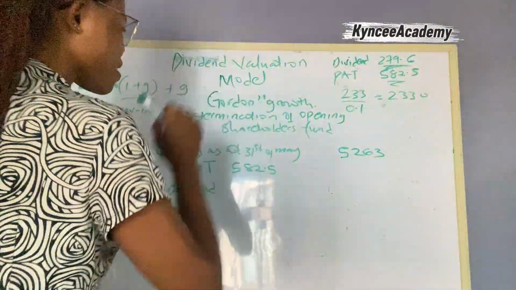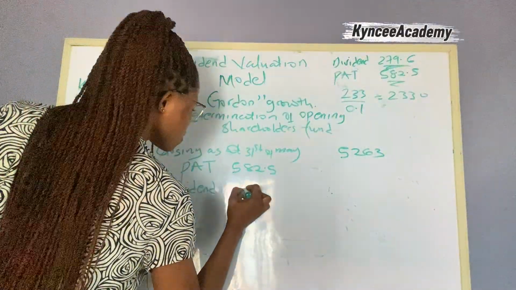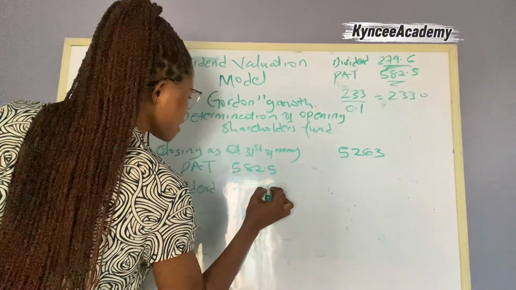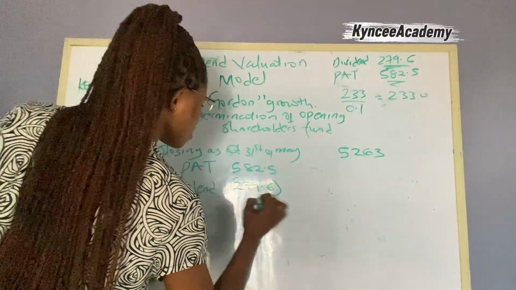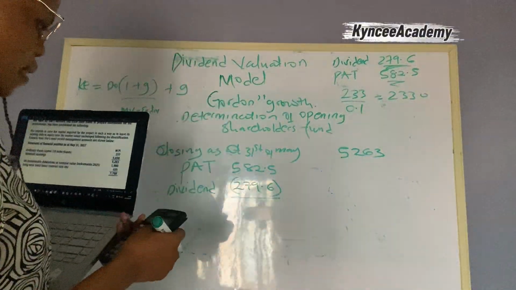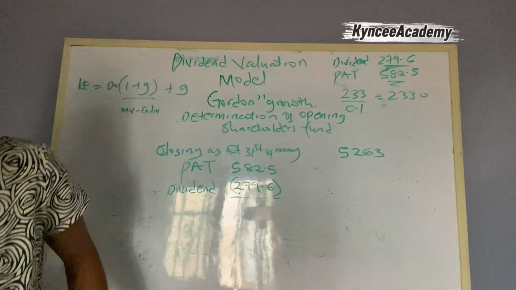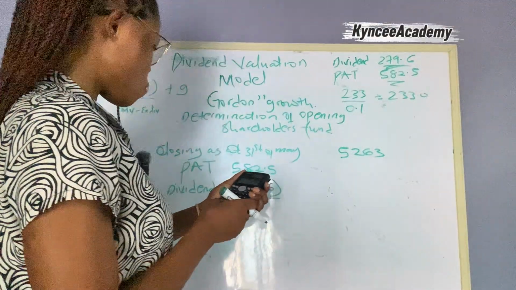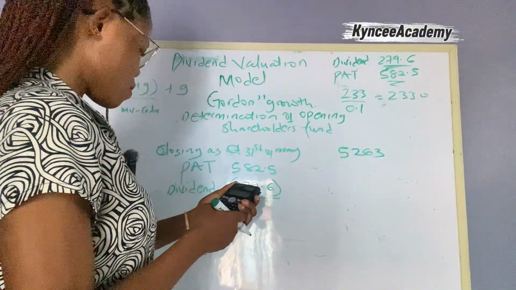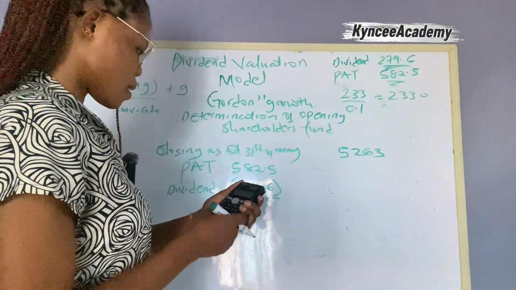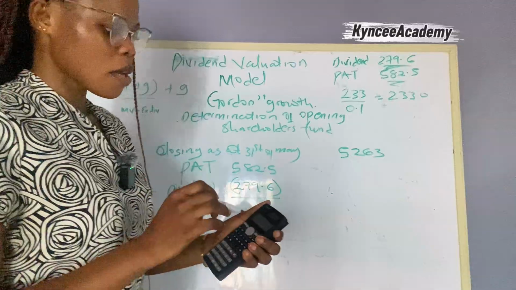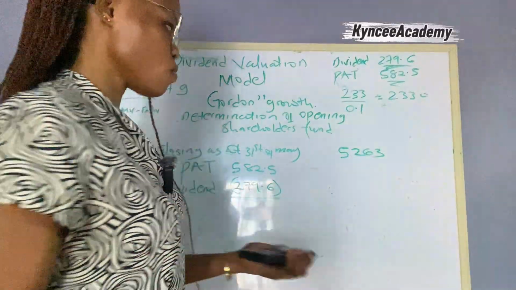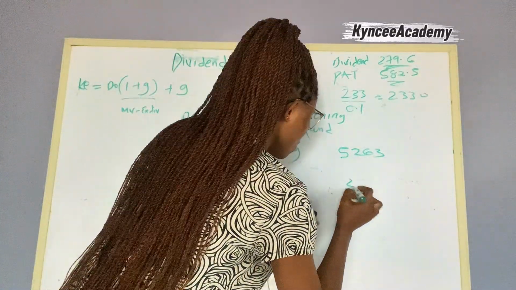Our dividend is 279.6. So this dividend, we are going to deduct it from that. So we are going to say 582.5 minus 279.6. We now have 302.9. So we can just approximate 303.